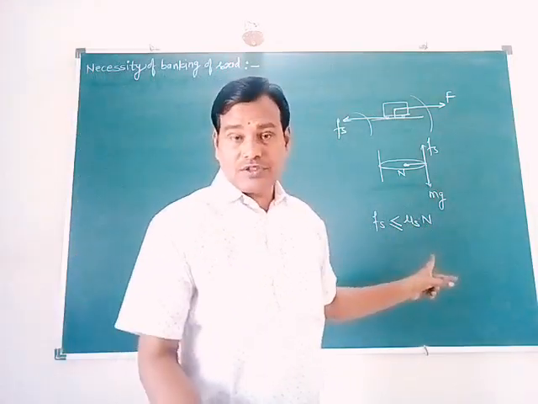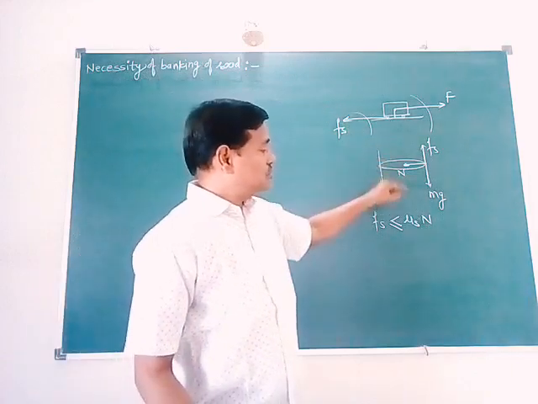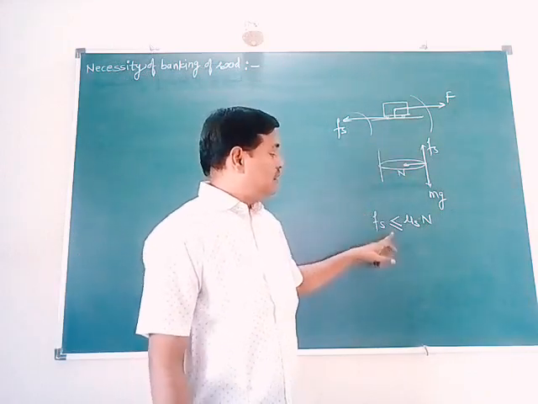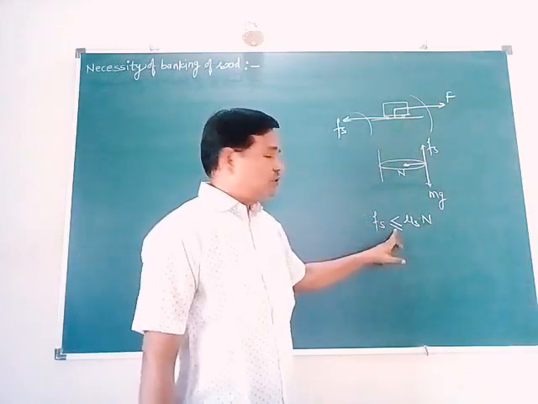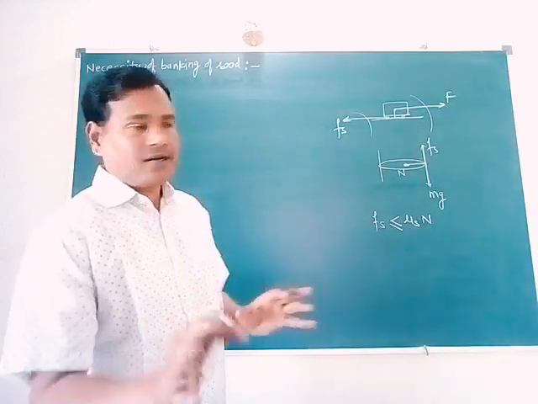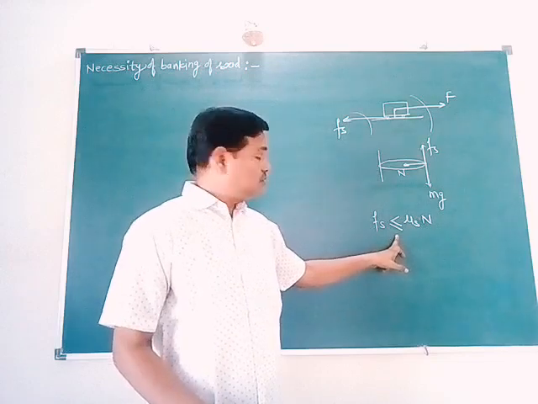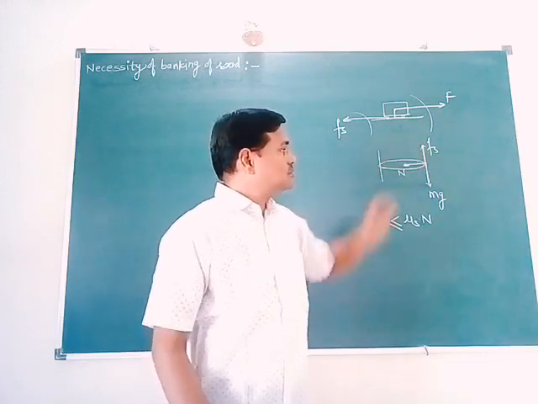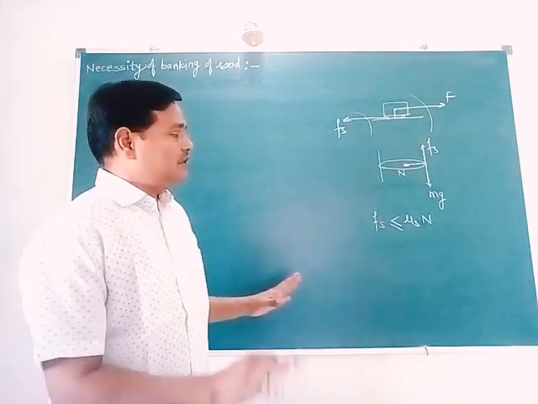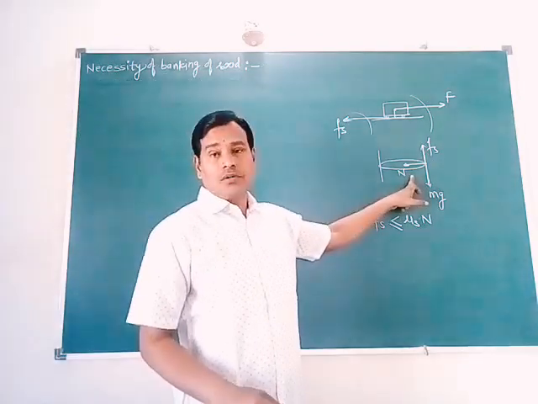In the last lecture, while giving the expression for the speed of the vehicle, I only used the equal to relation. But actually, in practice, there exists a less than or equal to sign. So this force of friction is always less than or equal to this normal reaction.